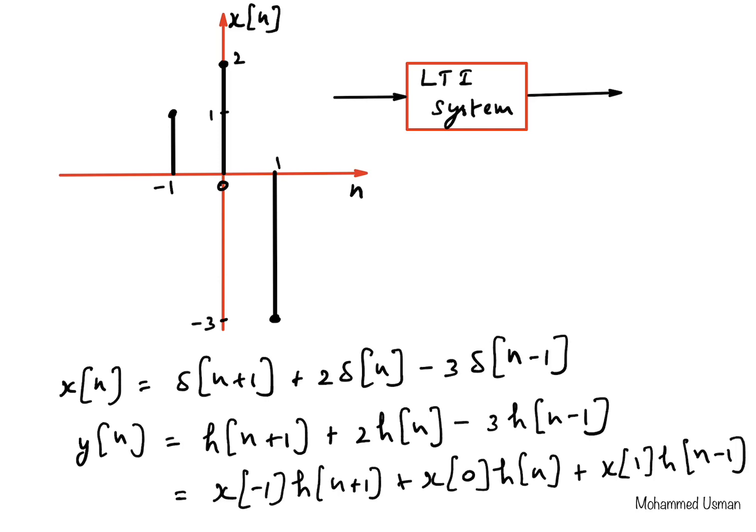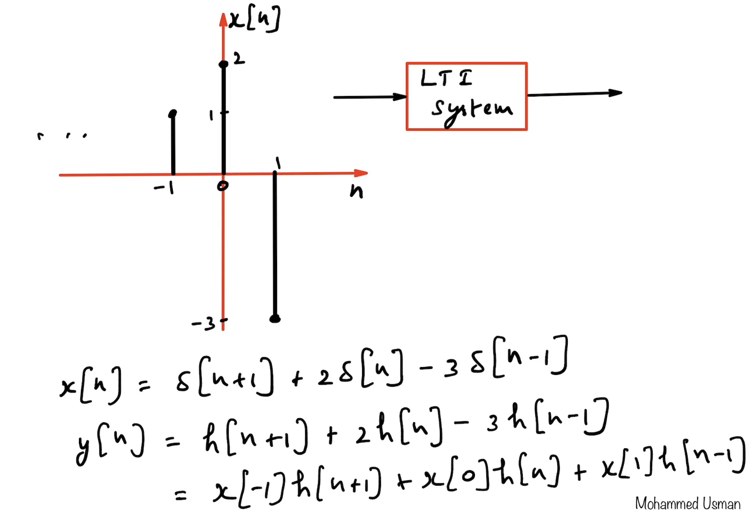So basically we have now represented the output in terms of the impulse response when the input is shifted versions of the impulses. This idea can be extended. We have now defined our input only for the range from minus 1 to plus 1 for values of n, right?